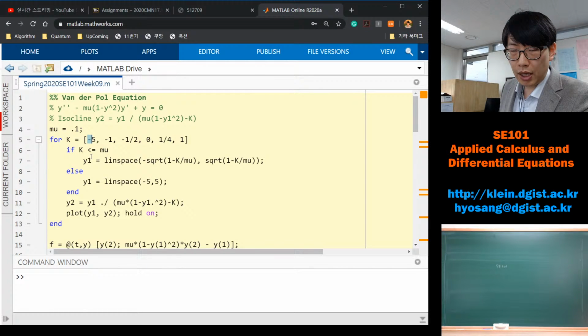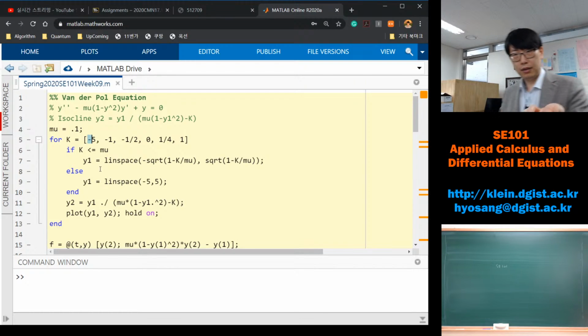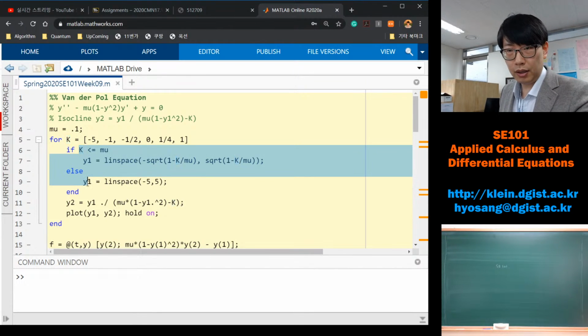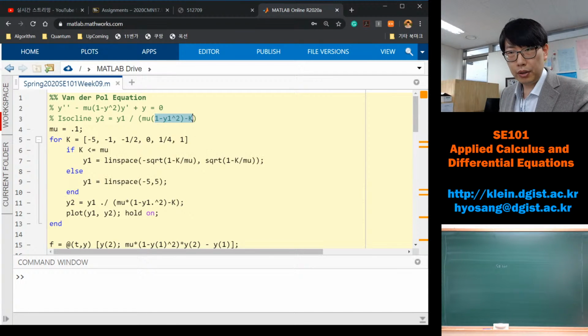So I set the cases where k is less than or equal to mu or bigger than mu, because when I don't have this if statement, then you see this part, the denominator of this y2 could be 0. If the denominator becomes 0, it diverges. But actually, the isocline does not diverge.